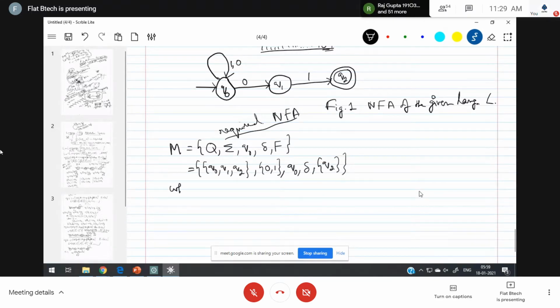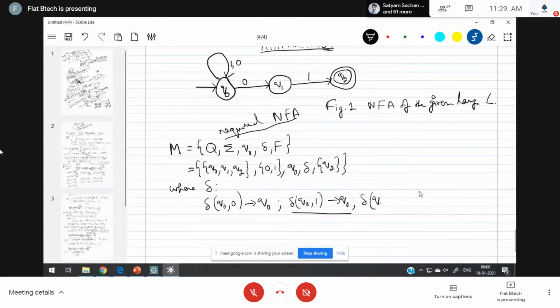And then the transition functions are: delta of Q naught, comma 0, equals Q naught. Delta of Q naught, comma 1, is equal to Q naught. Okay, you might be confused. Let me put an underline here.